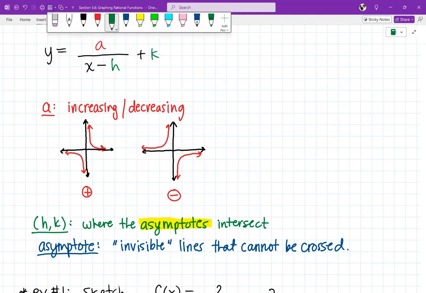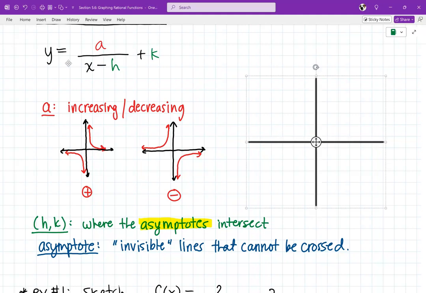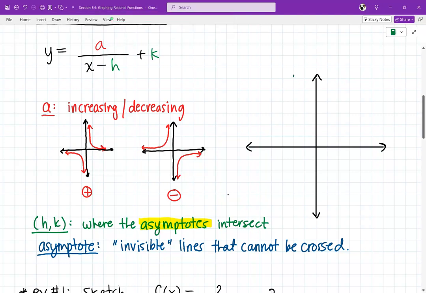Well, here you go. I'm just going to draw a random one, okay? A little bit bigger here. All right, so your asymptote, and I'm going to use a different color here, but here's an example of one of these.